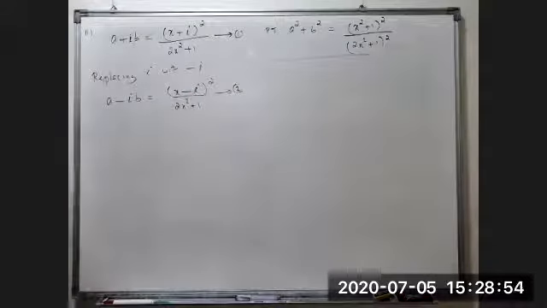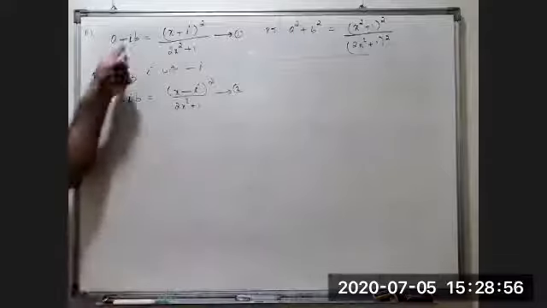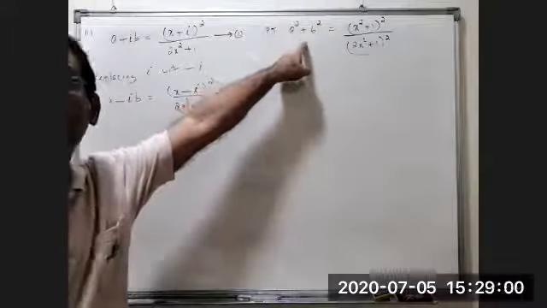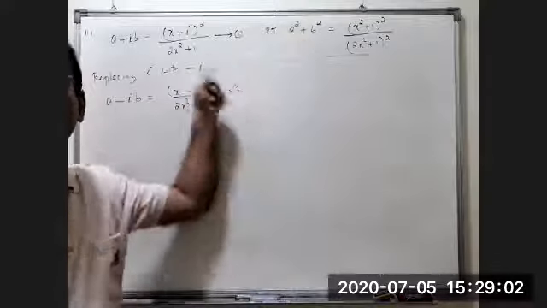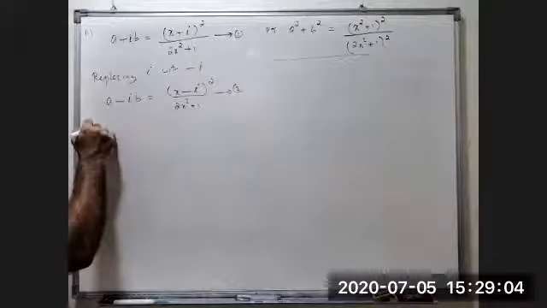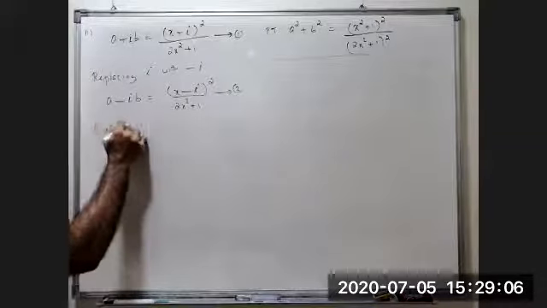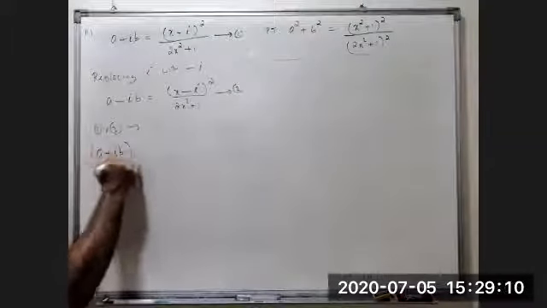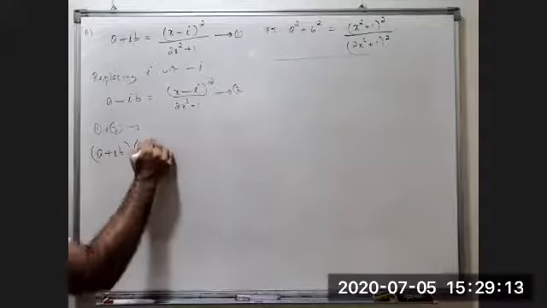And we have seen that if a + ib and a − ib are known, to get a² + b², what do you do? Multiply these two. 1 into 2 gives (a + ib)(a − ib).